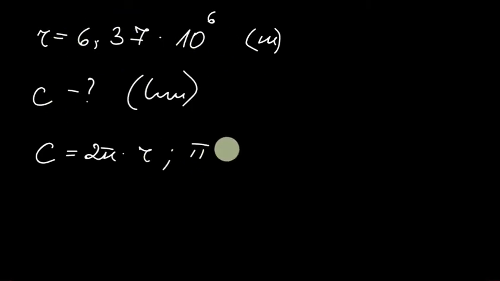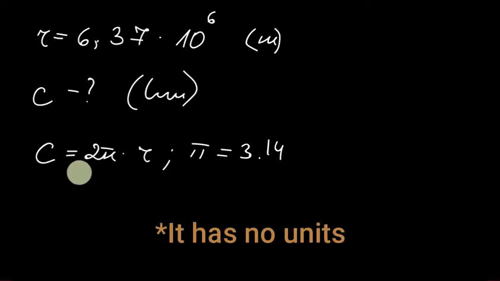Pi is approximately 3.14. However, it would be more convenient to convert these meters in radius to kilometers, because 2 pi is simply a constant.